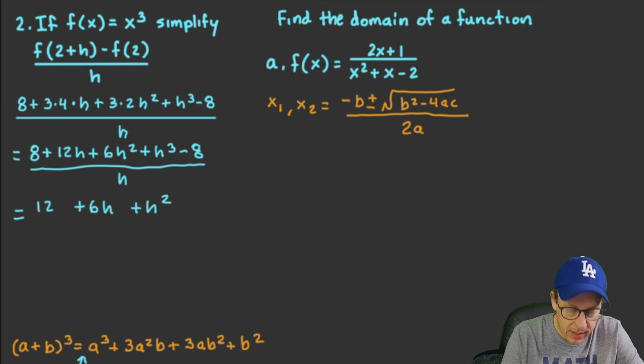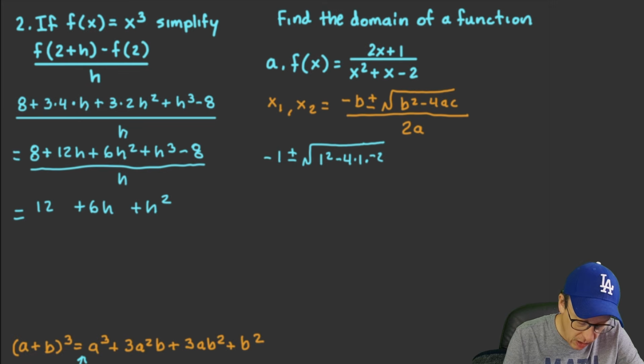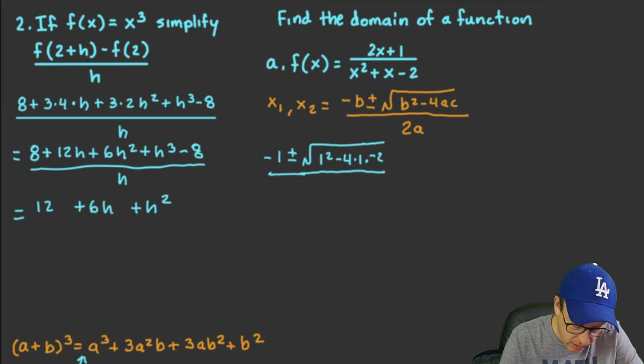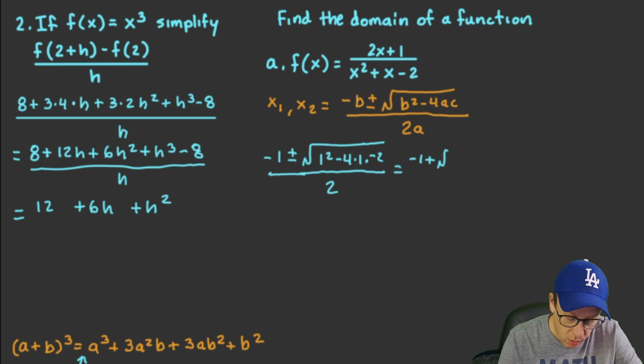So this is going to end up being -1 plus or minus square root, and I'm just taking these values and plugging them in. 1 squared minus 4 times 1 times -2 over 2 times 1, which is just 2, so I'm just going to write 2 inside of there. Okay, and then I just find all these values. So I'm going to say -1 plus square root of 1 plus 8 over 2.